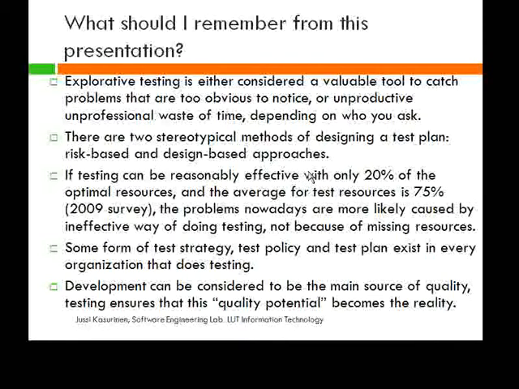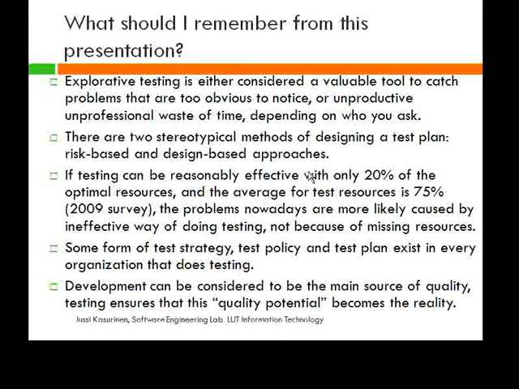And overall, it seems that the test process, test organizations and testing in general have matured, in the sense that 75% is the average on test resources in the current survey result. And we have literature that suggests that 20% is actually enough if it's used efficiently.